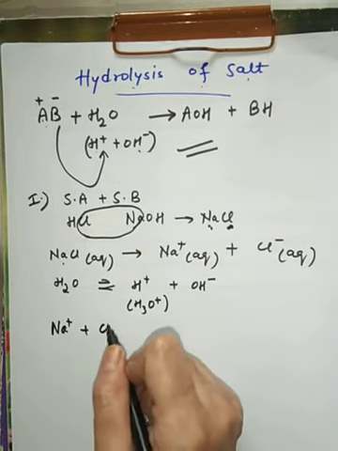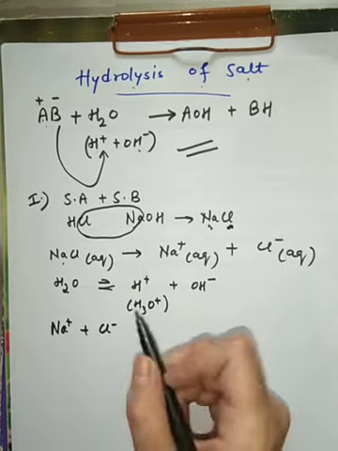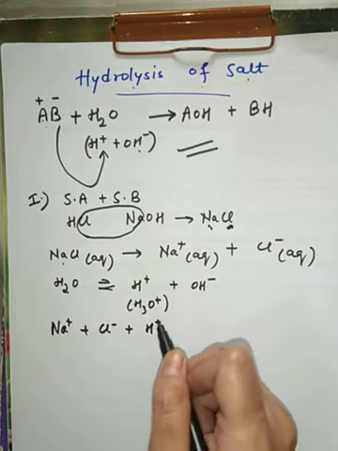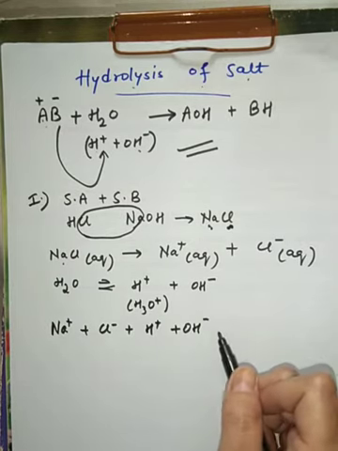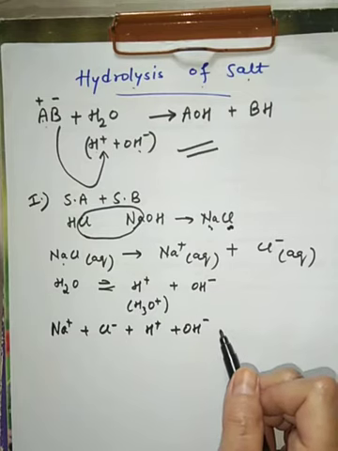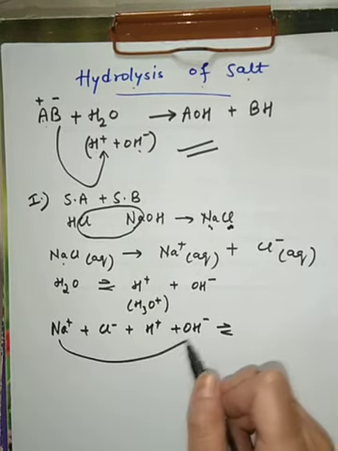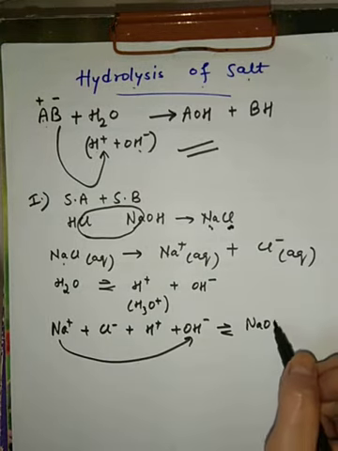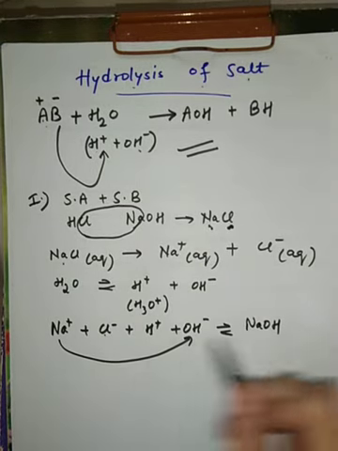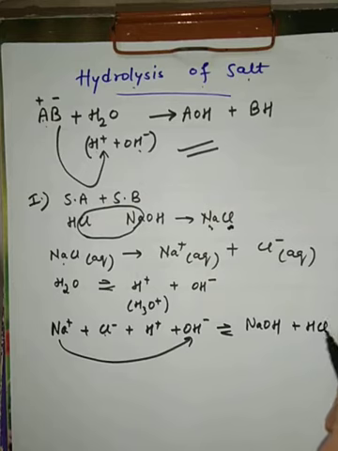what I can say, this Na plus and Cl minus, if they react with ions of water, what possible products will I be getting? Na plus will go to OH minus, that is NaOH, and H plus will go to Cl minus and you will get HCl.